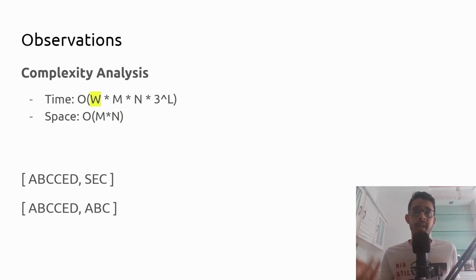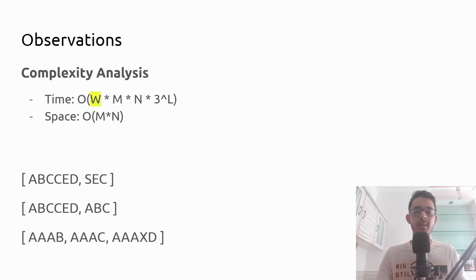It's very hard to say at this point, and maybe DP will be very complicated to implement, so we'll keep that aside for now. Let's keep on finding more cases, and let's look at this case over here. Let's say that we have the case AAAB, AAAC, AAAXD. What do you observe in this case? All of them start with the same AAA, right?